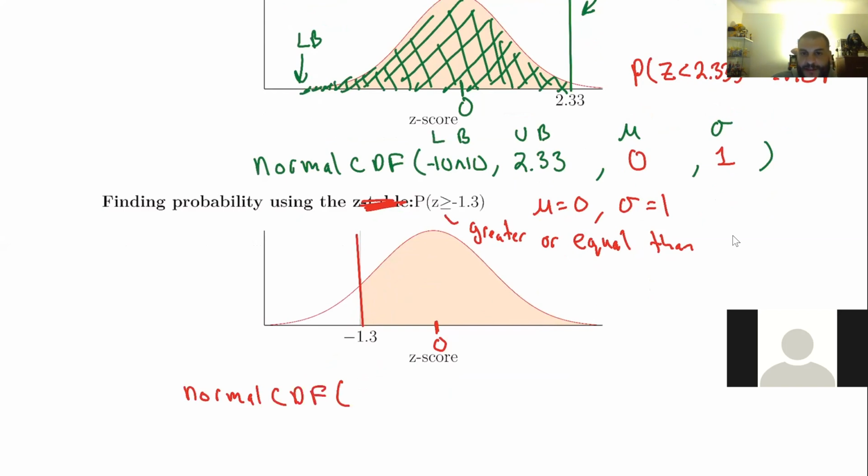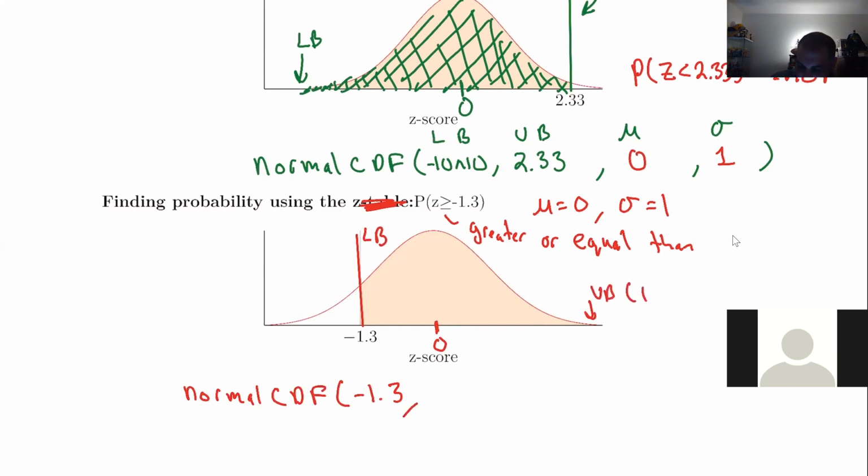of lower bound. So in this case scenario, what would be my lower bound? What's the lowest value that I possibly shaded? Yeah, so we'll say lower bound is negative 1.3. What's my upper bound? What's the highest possible value that I shaded? Cool.